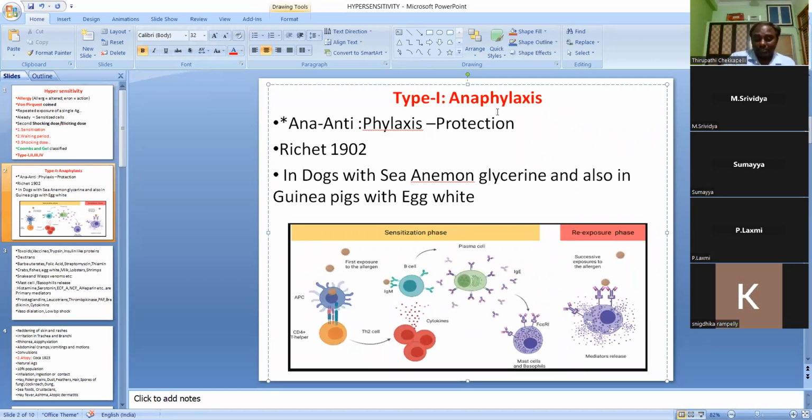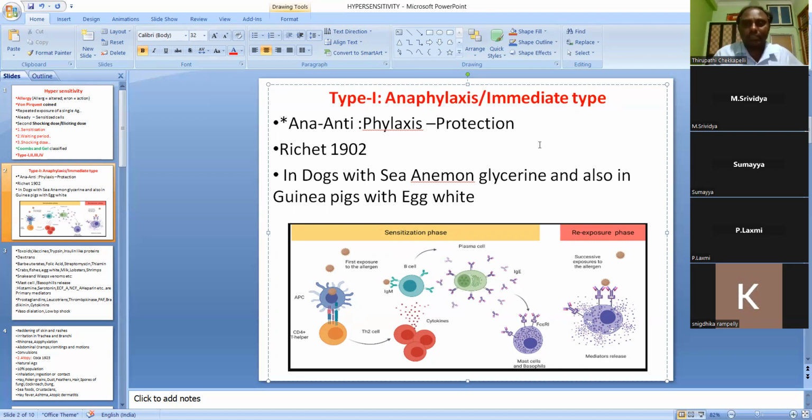type 1 hypersensitivity reaction. Type 1 is generally called anaphylactic hypersensitivity. It is also simply called anaphylaxis. It is also known as the most rapid, immediate type of hypersensitivity.